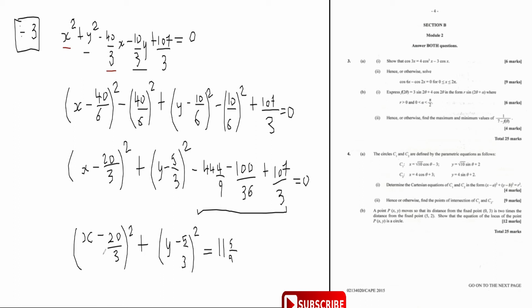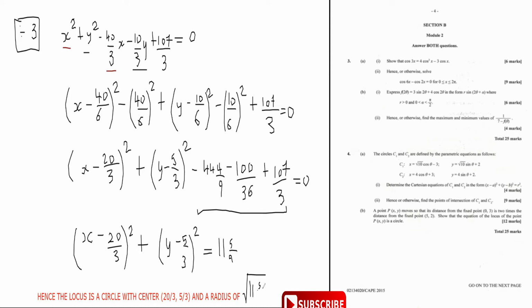And so hence this is clearly a circle. The locus is a circle with center (20 over 3, 5 over 3) and a radius of the square root of 11 and 5 over 9.